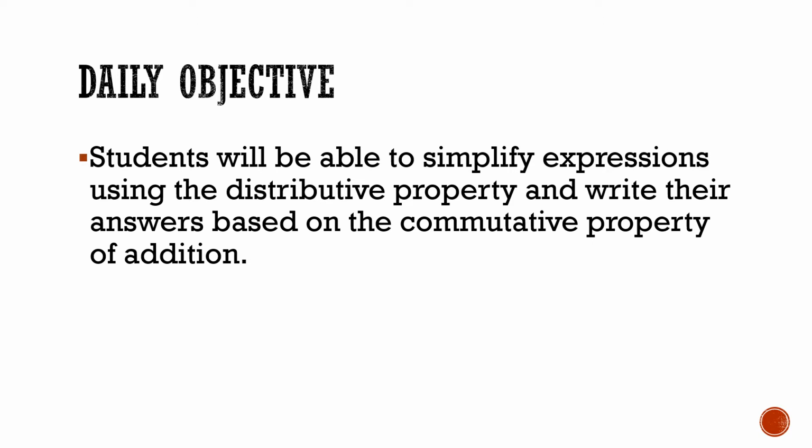Okay, so just a quick review on distributive and commutative property. You may see it written as just an example like 2 times (3y plus 7). What that means is we take the number that's outside the parentheses and we distribute it to each number inside the parentheses.